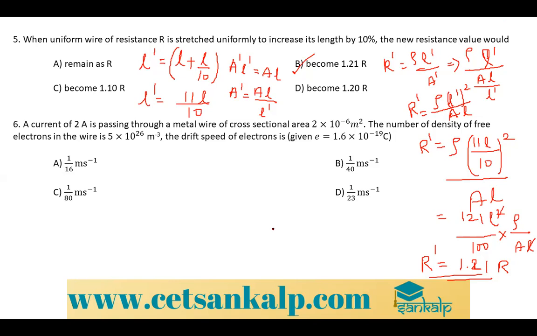You know the formula for the drift velocity is Vd is equal to I divided by NAe. So what is your current? 2 ampere. So 2 divided by N, which is 5 into 10 to the power 26, into 2 into 10 to the power minus 6, into 1.6 into 10 to the power minus 19.